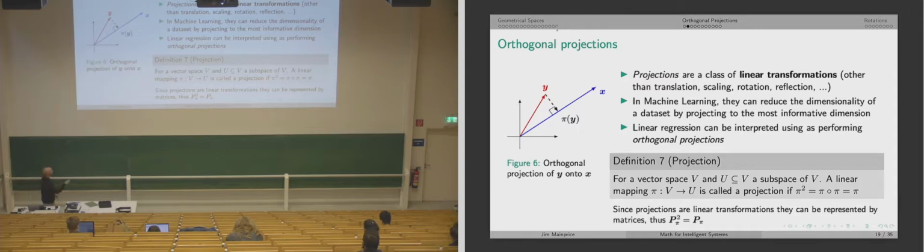But here we are talking in the context of vector spaces. So we have a vector space V, a subspace U of V, and a linear mapping. The projection is a linear operator between V and U. Then it is called a projection if applying the projection twice leads to the same thing.